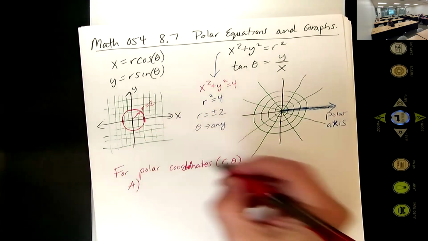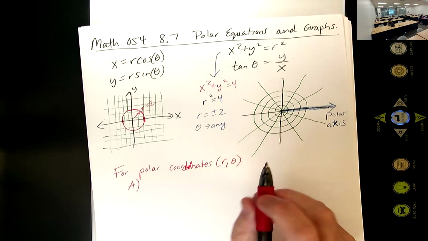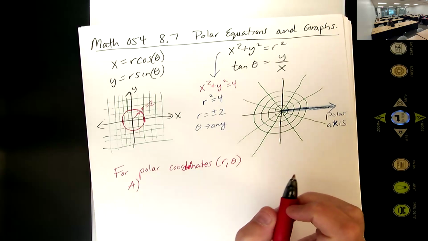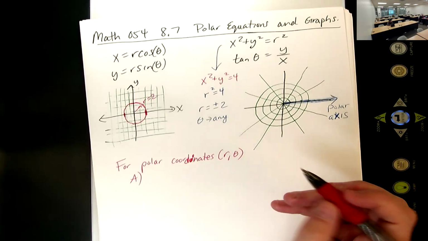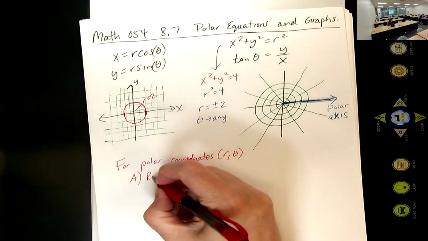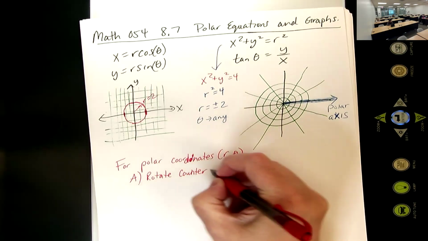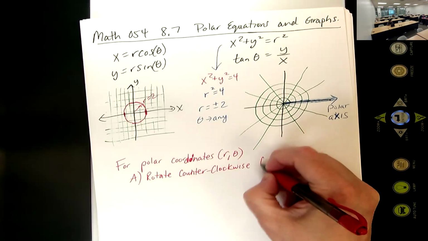This tends to be the easiest way to do this. You can do it in either order sometimes, but for some areas, it's easier to think of it this way. Rotate counterclockwise from the polar axis.